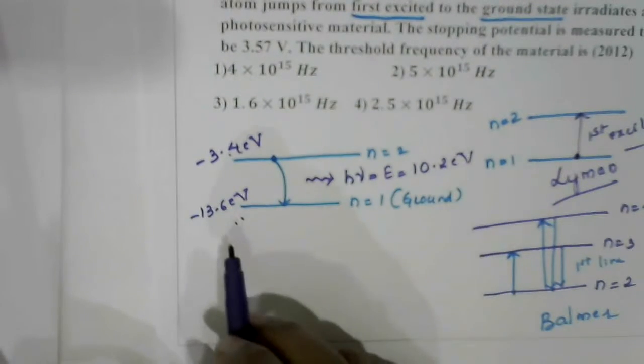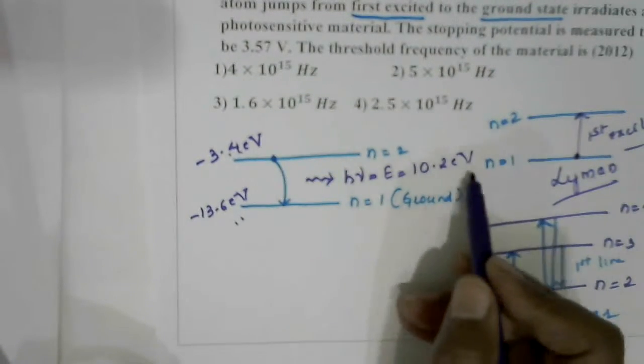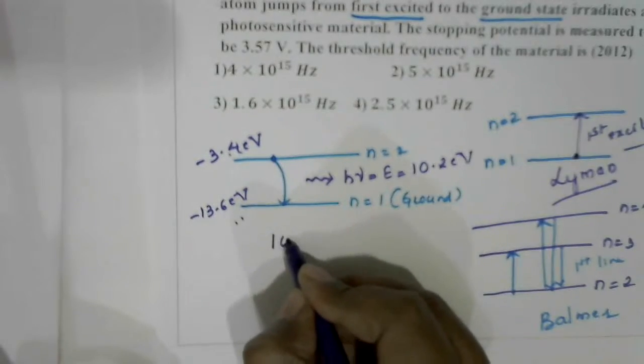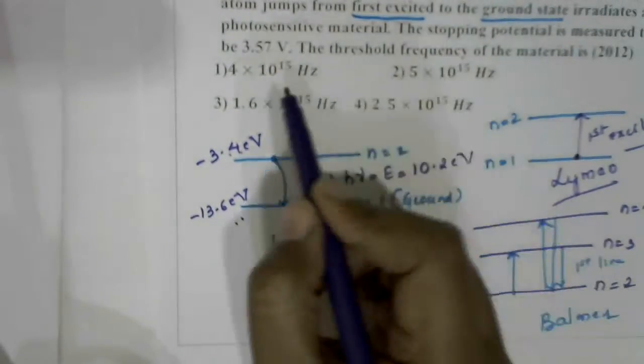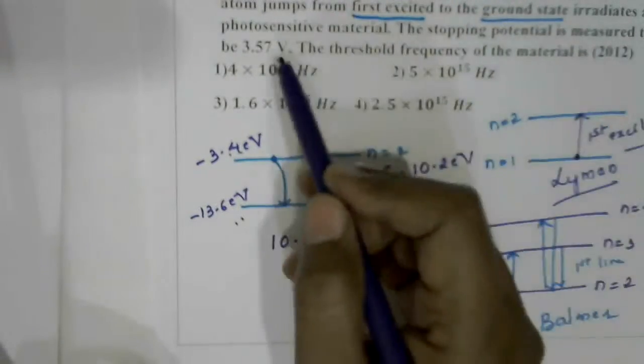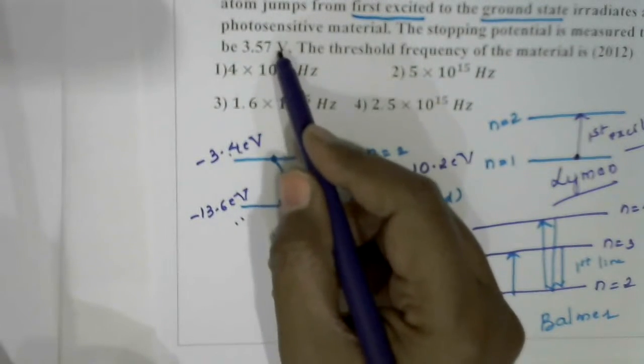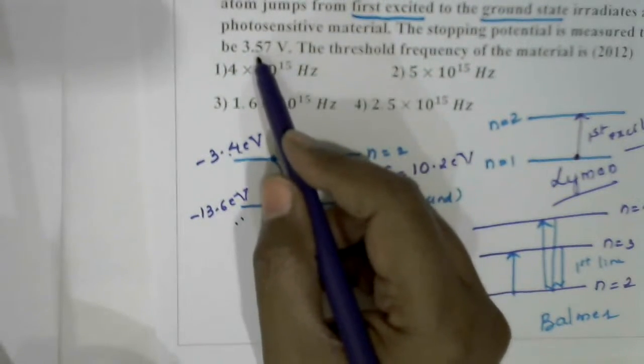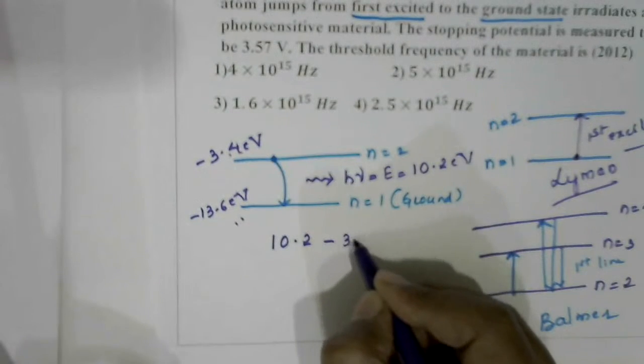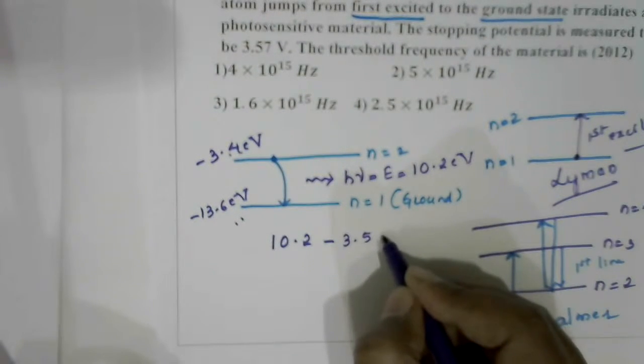So yes, Prajwal, 10.2. So emitted is 10.2, and the stopping potential is given, so eVs I can write in electron volts, that becomes equal to the kinetic energy, so 3.5 electron volt.